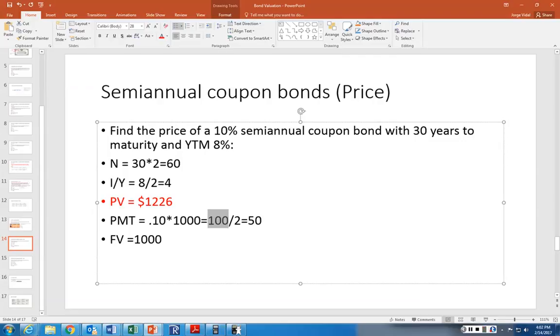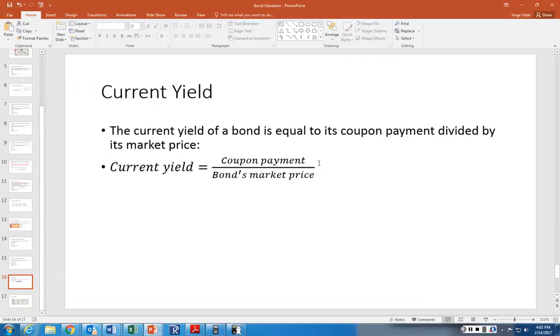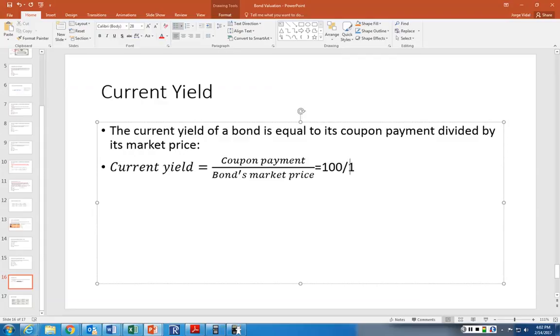So it will be equal to coupon payment 100 over the price 1,226, and that equals 8.16%.